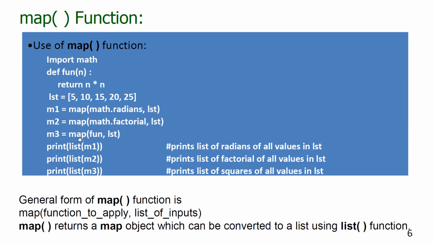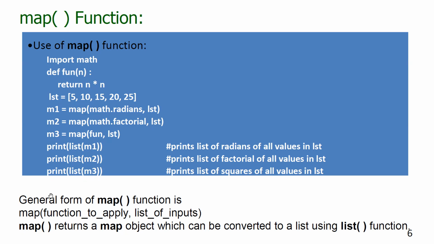Then m3 equal to map fun, lst. The fun function will take the square root of every element in lst. So we have calculated m1, m2 and m3, and we are simply printing list of m1, list of m2 and list of m3.